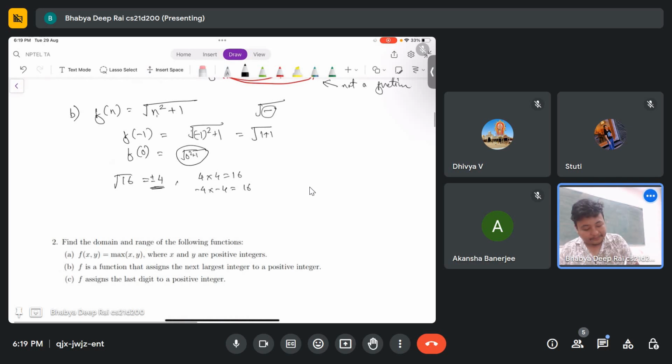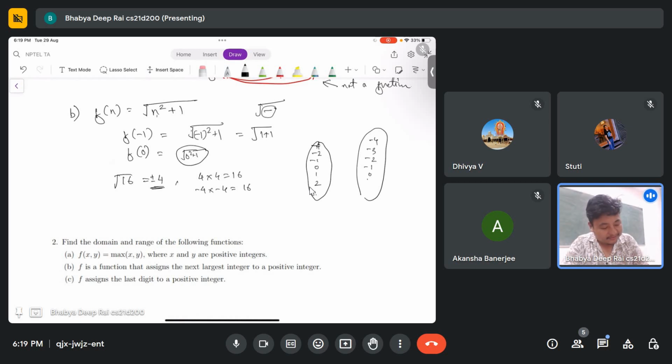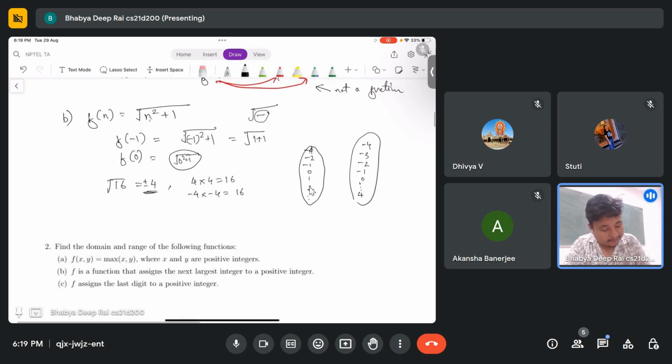So if I look at the mapping, we go from -2, -1, 0, 1, 2, and so on, to -4, -3, -2, -1, 0, and so on till 4.